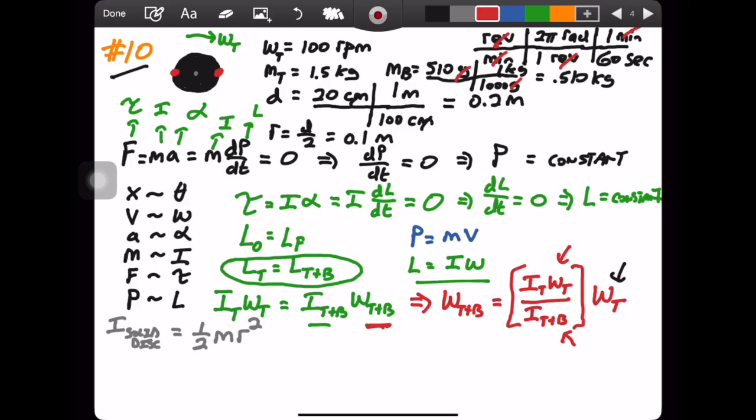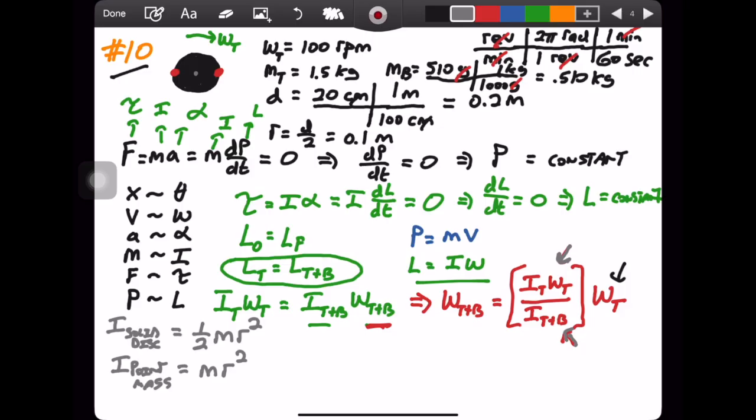So each of those masses can be treated as a point mass, and the moment of inertia for a point mass is equal to mr squared. So what's left is we need to solve for both this moment of inertia when it's just the turntable and the moment of inertia when it is the turntable plus the block combo.